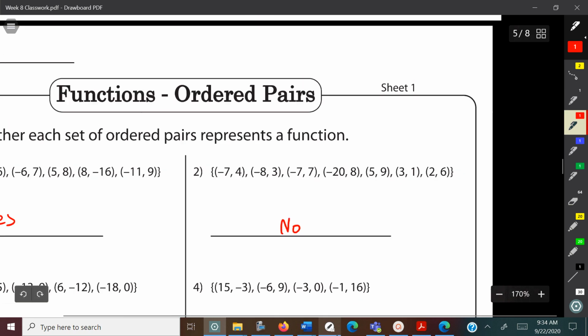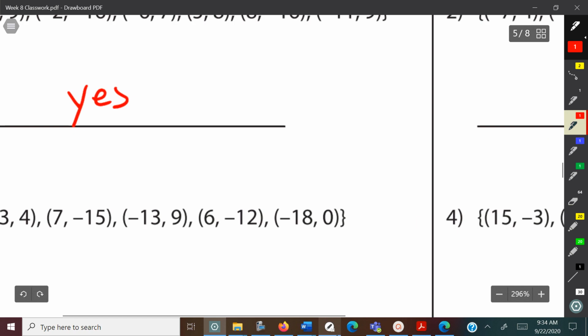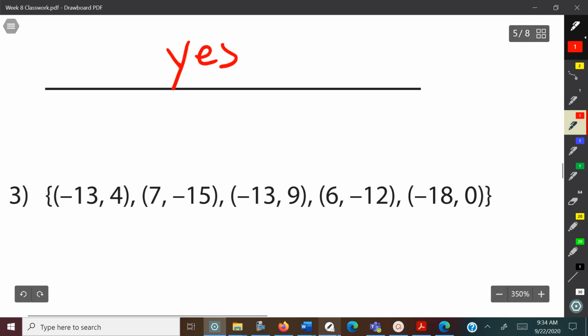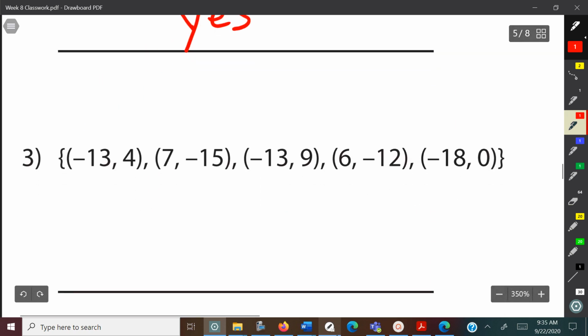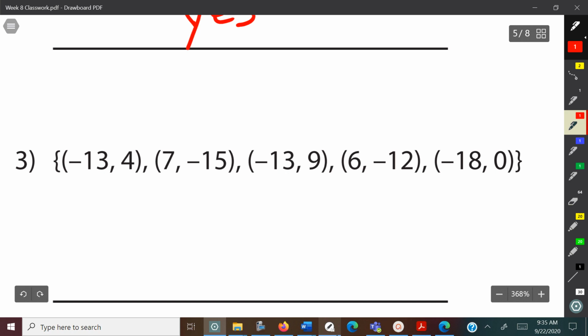All right, take a look at this problem and see if you can determine if it is a function or not. Okay, so if you go through here and you see that it has two -13s, then that right there is a dead giveaway that it is not a function.